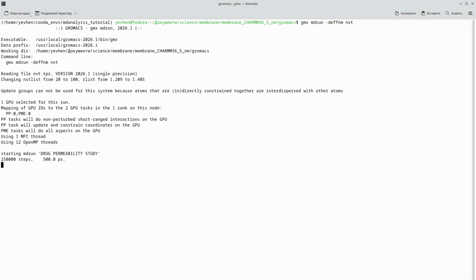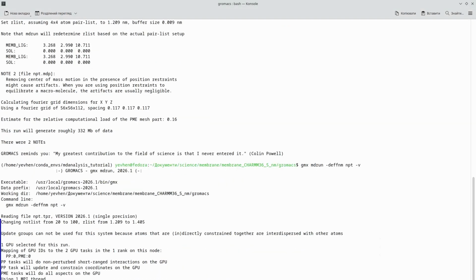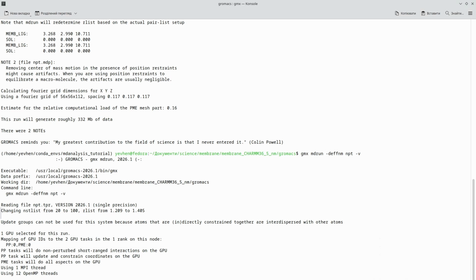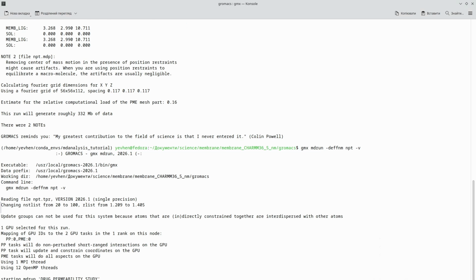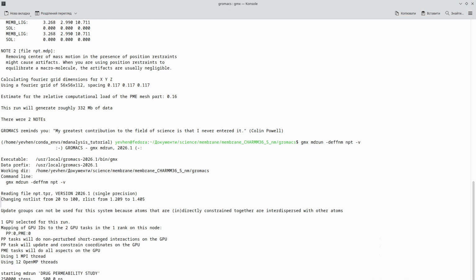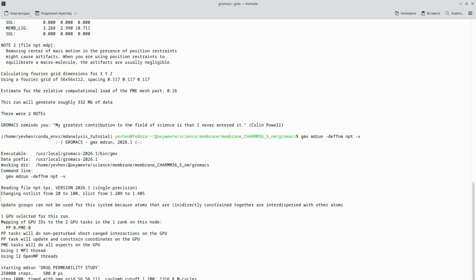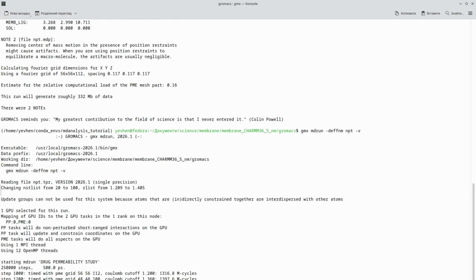I expect that you know the basics of setting up molecular dynamics with GROMACS, so no in-depth review of NVT and NPT MDP files. The MDP file of the production run is another story.